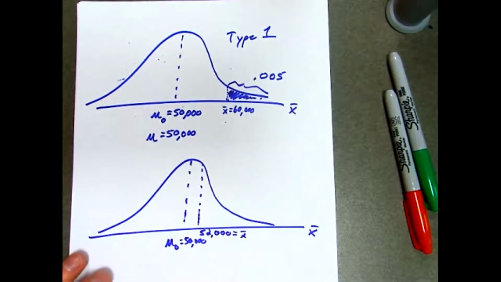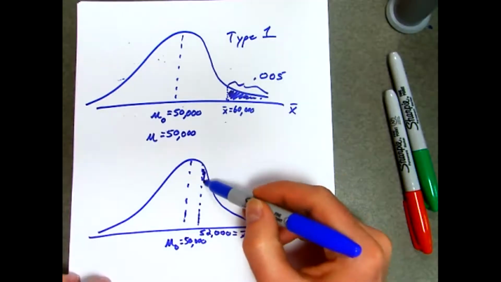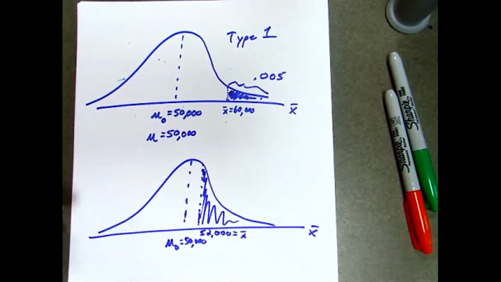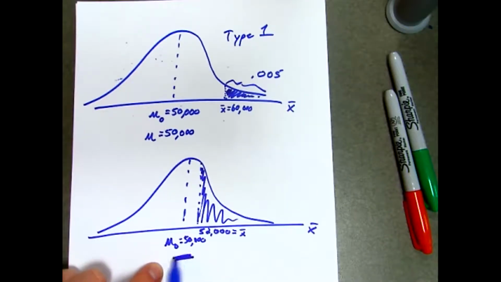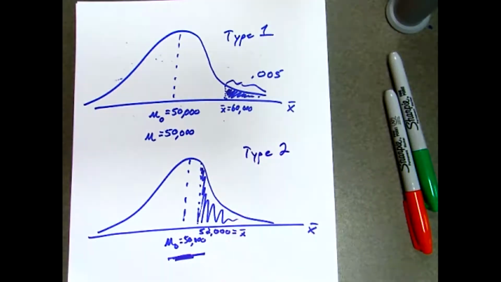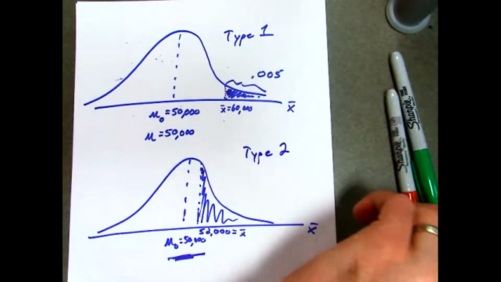Okay. Well, I look at this and I say, man, the probability that I saw that or anything above it is pretty high. It was very likely that I saw 52,000 as my sample mean if my null was true. So I failed to reject the null. Remember, a type 2 error is when I fail to reject the null even though I should have been.